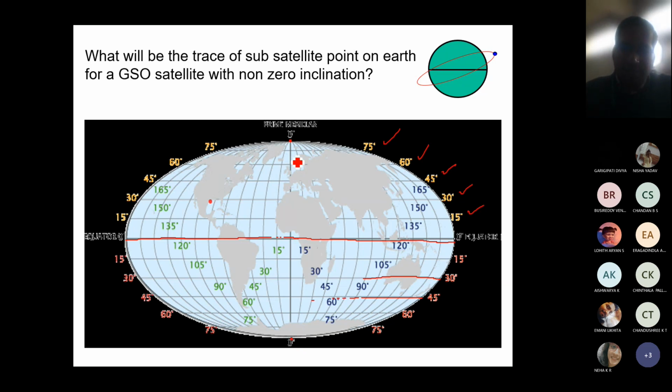Similarly, you have longitudes. This particular line is called the 0° longitude. Which place does the 0° longitude pass through? Greenwich. We call it Greenwich Mean Time.